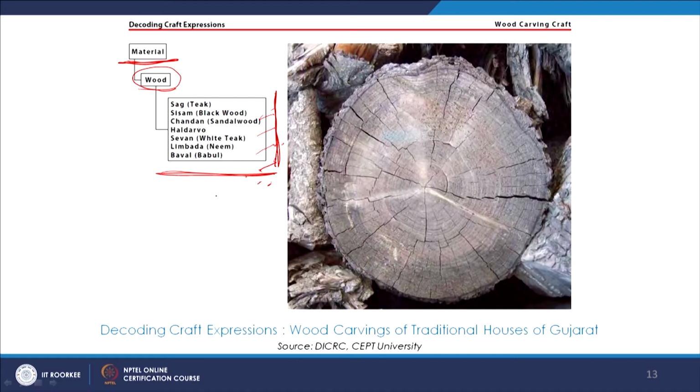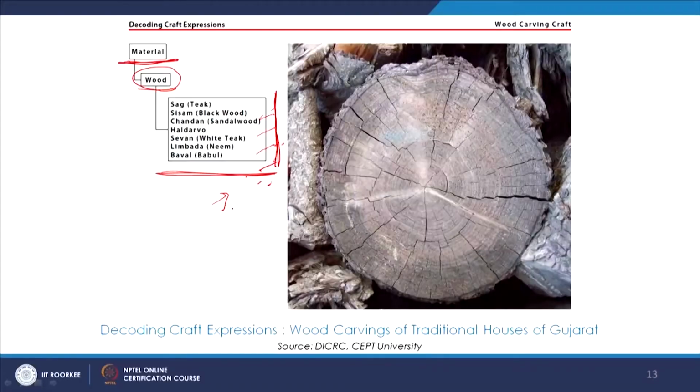Until and unless these kinds of researches are done and the entire system is put into place to decode the building and expressions and craft, to understand the details and the nitty-gritties, it would become very difficult. So systems play a very crucial role in understanding what one is trying to study.